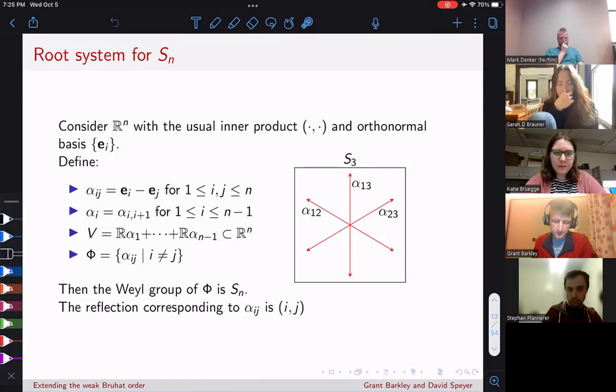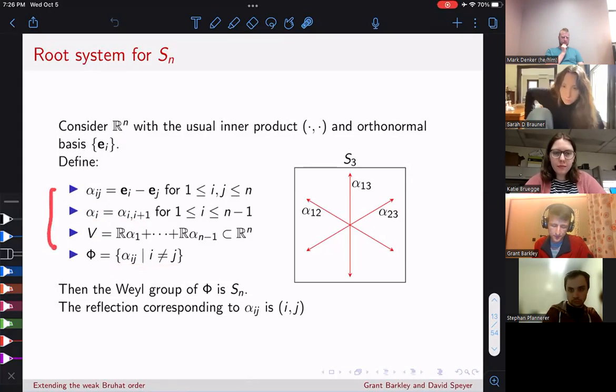In order to define a root system, we need simple roots. So I'll define the simple root alpha_i to just be alpha_{i,i+1}. And then the span of these simple roots is not all of R^n. It's a codimension 1 subspace. So we just define the vector space our root system lives in to be that subspace. And then our root system is just these alpha_ij's.